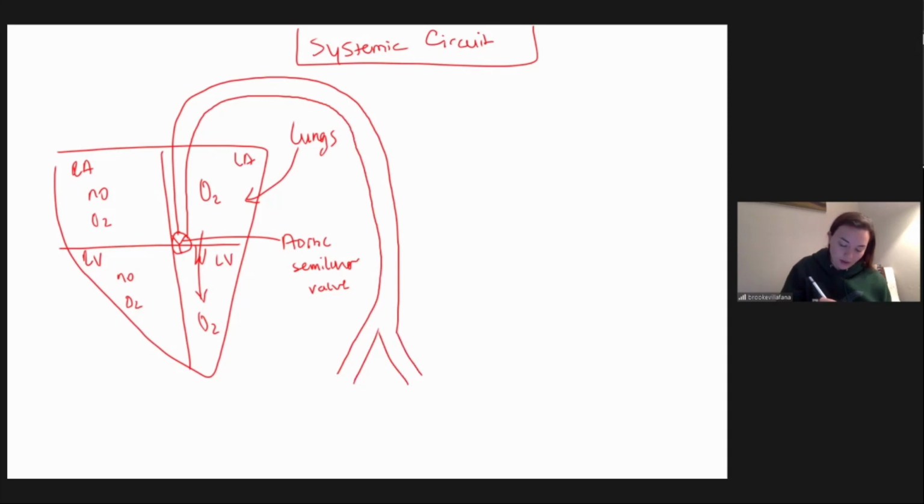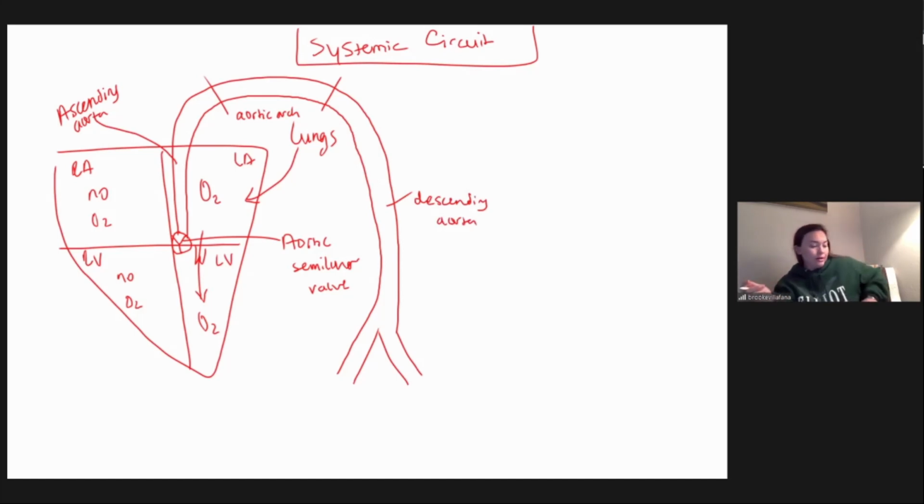Right? This is our ascending aorta, our aortic arch, and then our descending aorta. Okay, so our aorta has some anatomy that you guys need to know.